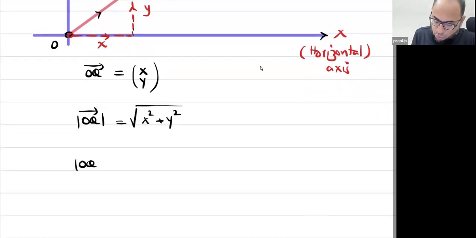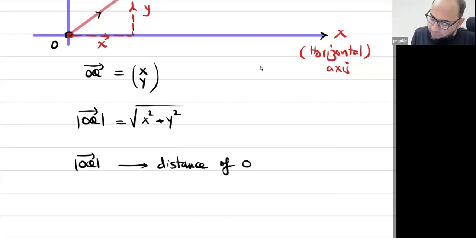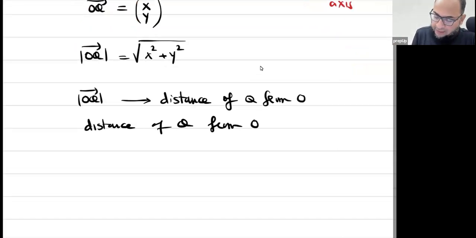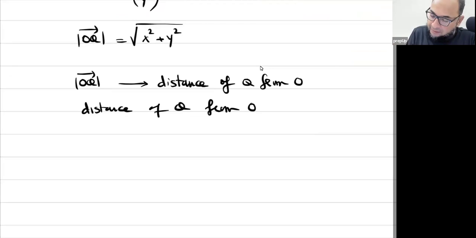Isn't the magnitude of a vector the same thing as the distance of Q from O? Distance of this point from the origin. So the distance of Q from the origin can be found using Pythagoras theorem.